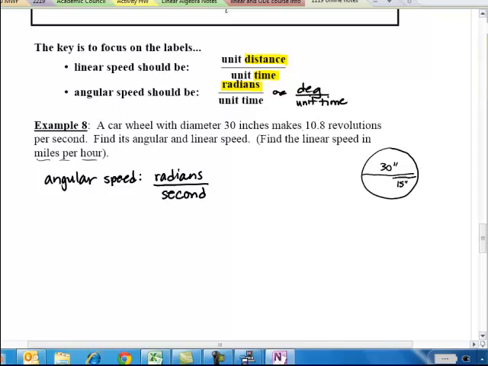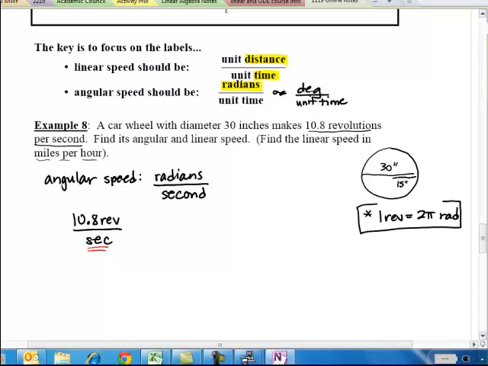What we're given is 10.8 revolutions per second. So let's start with that. We're happy that we see seconds in the denominator, but we need to convert revolutions to radians. And there's nothing special about this particular circle. We know that for every circle, one revolution is 2 pi radians, right? Because that's how many radians are in a revolution. So that's a connection that we can use for any circle, not just this one.